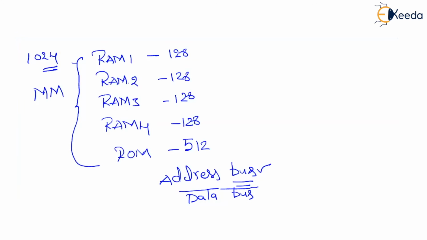Let us see. What should be the size of the address bus for each RAM? RAM is of 128 words, right? 128 is equal to 2 power 7. So I require 7 address digits for RAM. In order to communicate with ROM, the size of the ROM is equal to 512 words.